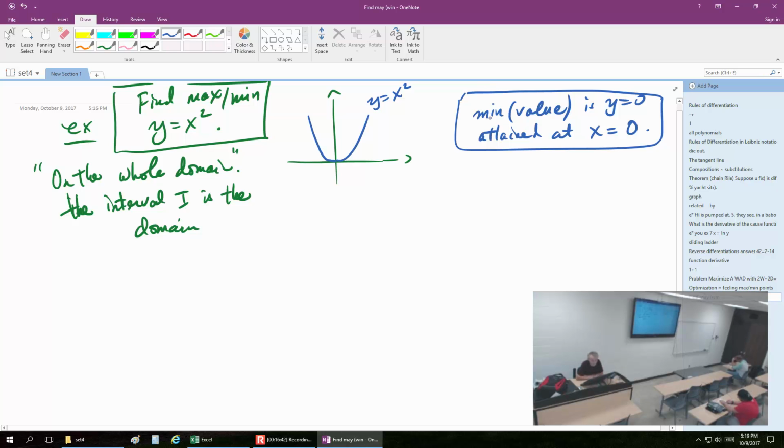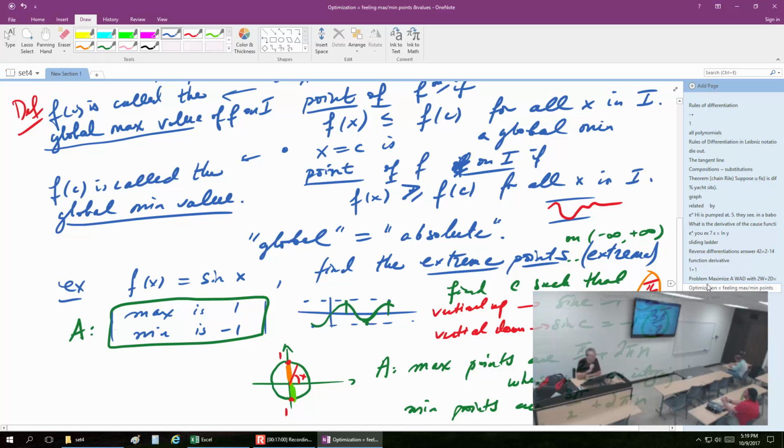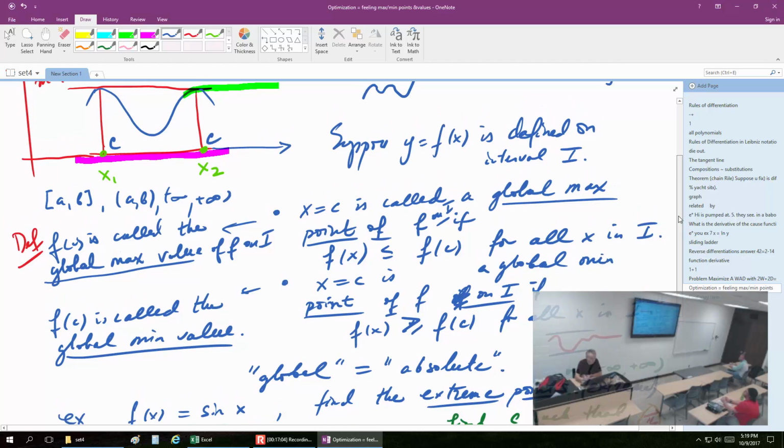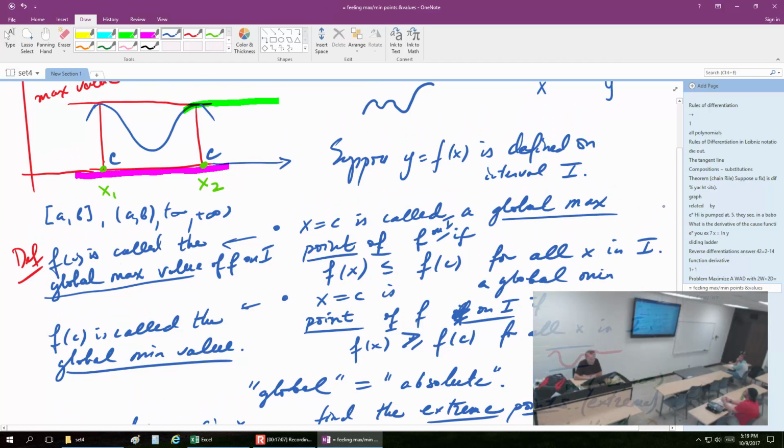And then x equals 0 is a minimum point. So what about the maximum? Would the maximum value be infinity? No, it doesn't fit. It definitely does not fit the definition. Every time you're in doubt, go back to the definition and confirm how it works. What is a global minimum or global maximum?